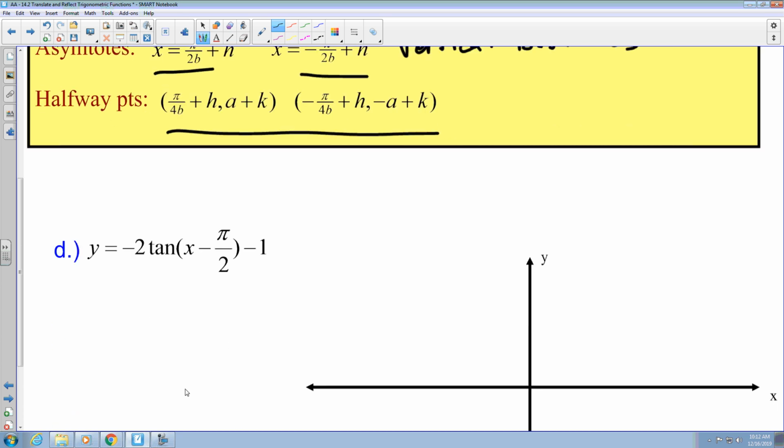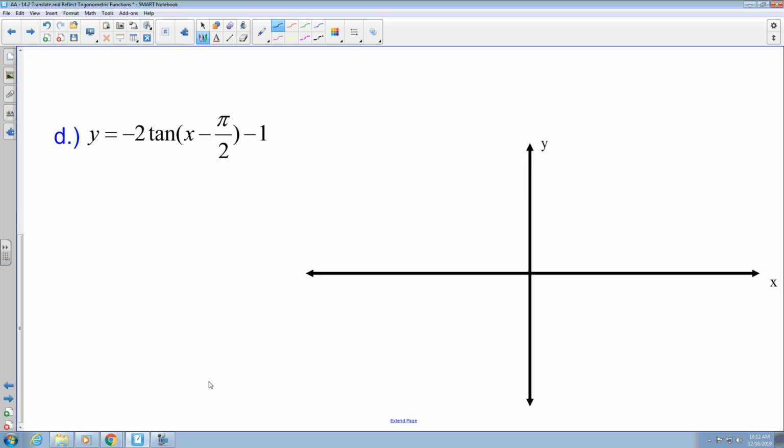So looking at this problem here, figuring out that in this case a is negative 2, b in this case is 1, h is pi over 2, and k is negative 1. So looking at drawing the midline, it is the same as it was in the previous pages.